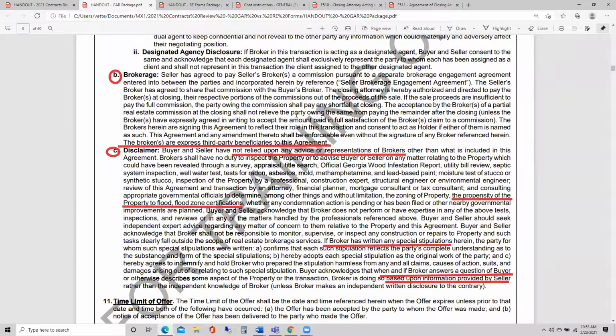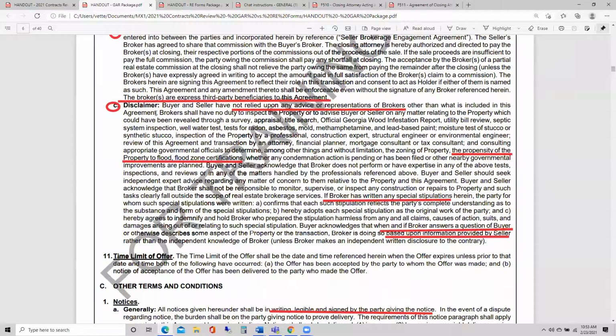Basically, the disclaimer states that the buyer and the seller have not relied on any advice or representations of the broker. It is their responsibility to check out the property for termites, utility bills, septic tank, zoning, methamphetamine, mold, asbestos, lead-based paint, and so forth and so on.